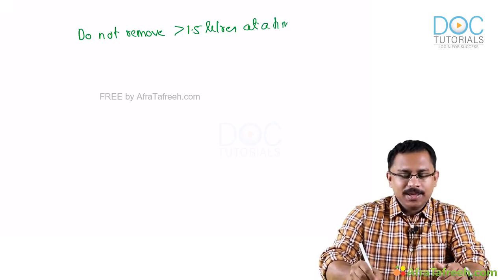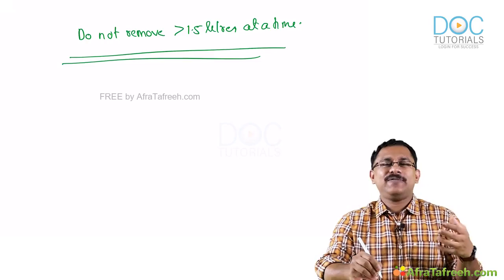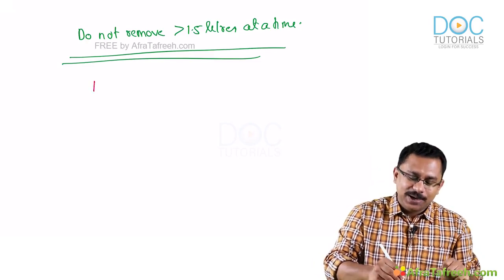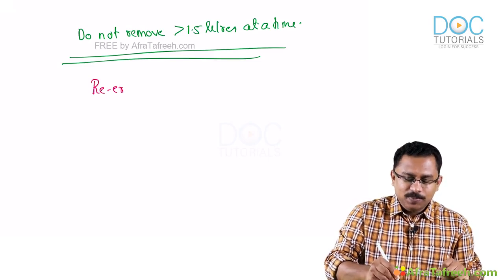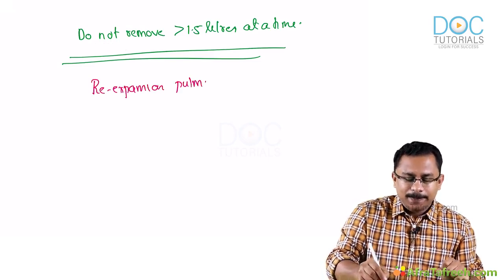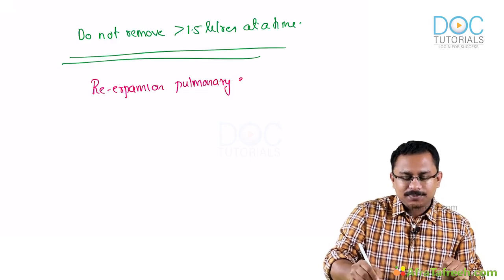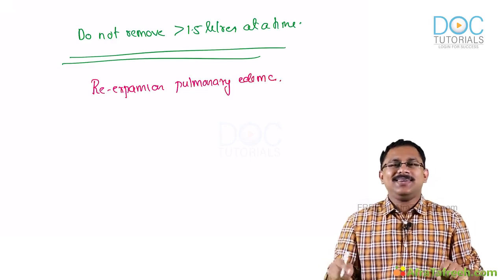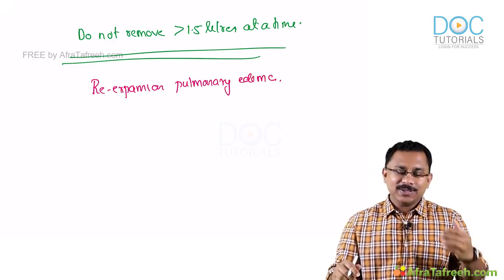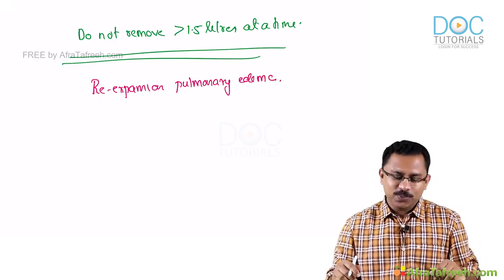Because if you remove more than 1.5 liters, there is a chance of re-expansion pulmonary edema. Because of this danger, you will not remove more than 1.5 liters at a time.